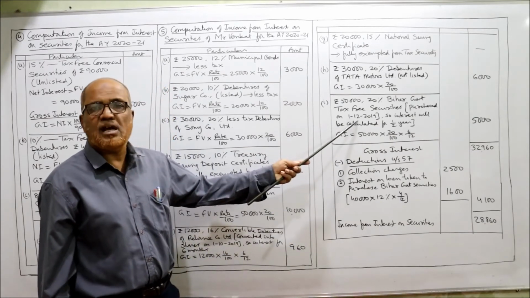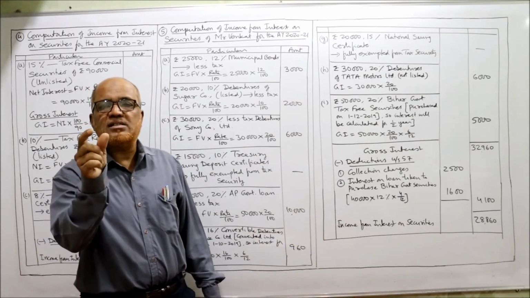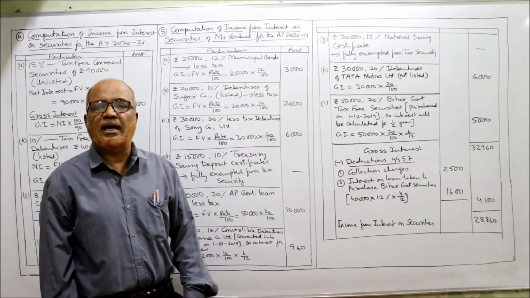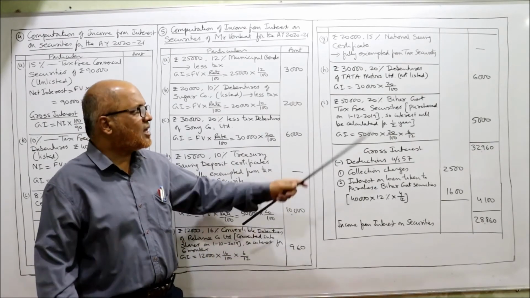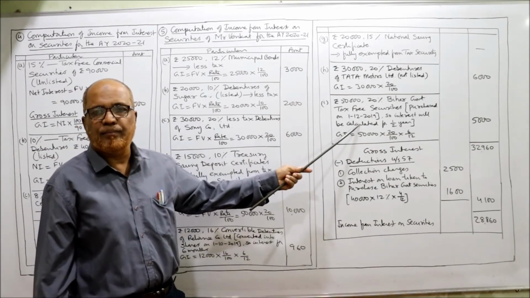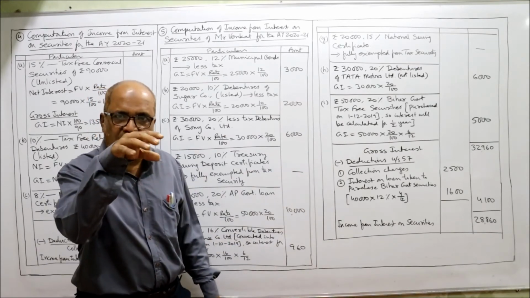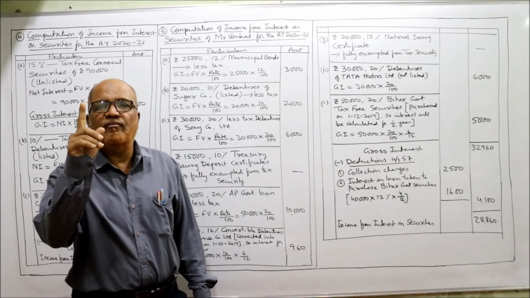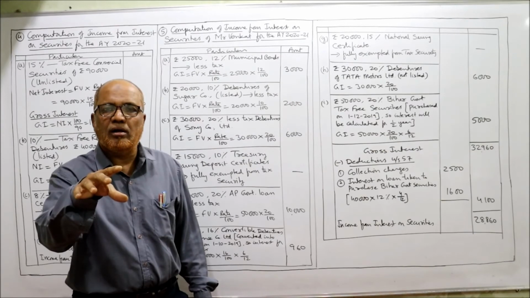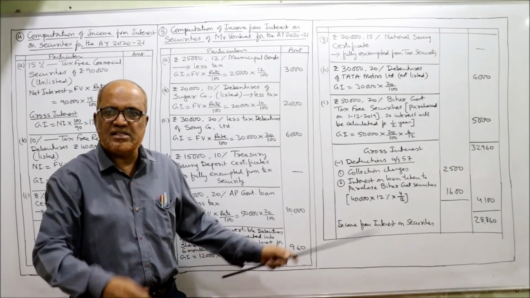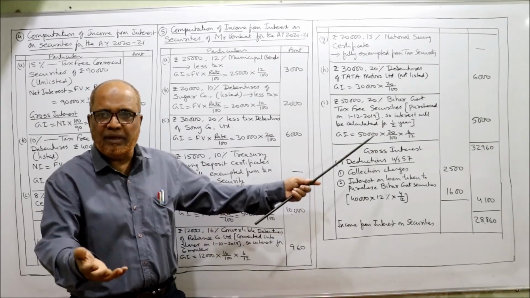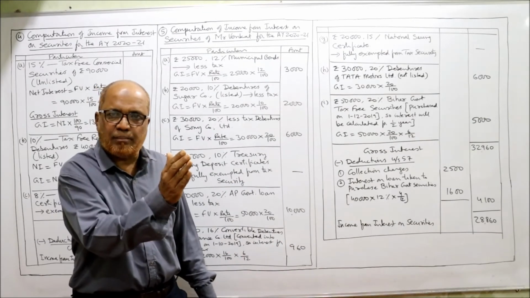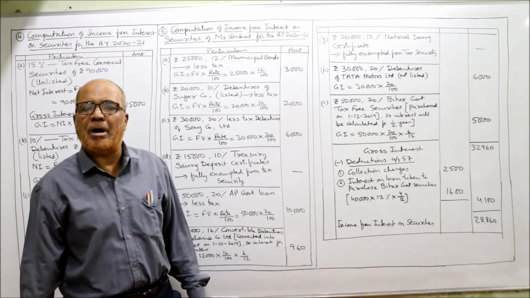But these securities are purchased on 1st December 2019. That means these securities are not there from the beginning of the year. They are purchased during the year, so only one due date will fall during the holding period from 1st December to 31st March.